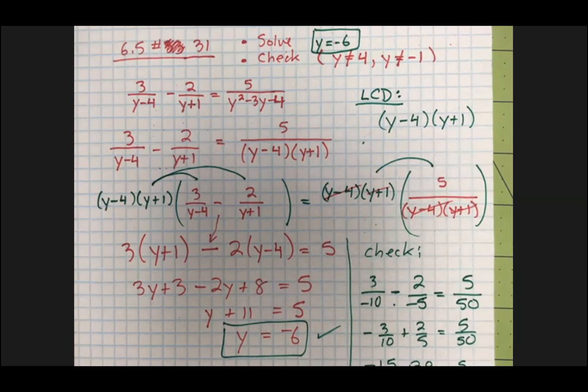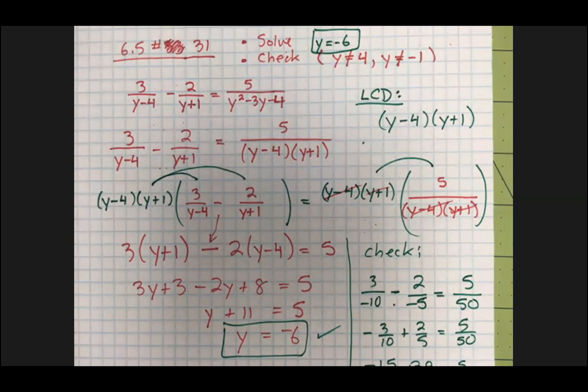I want to try another one. I'm looking. I'm going to try medium hard. So let's look at 41 or 42.